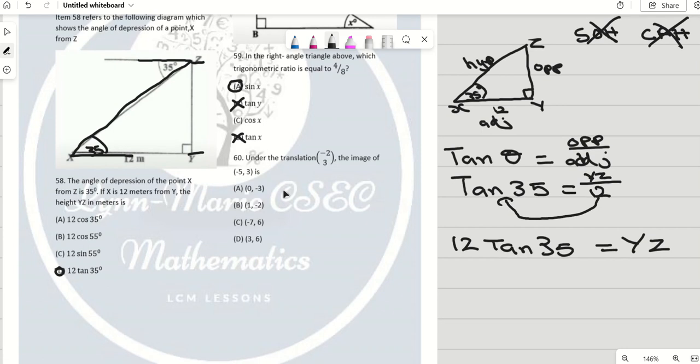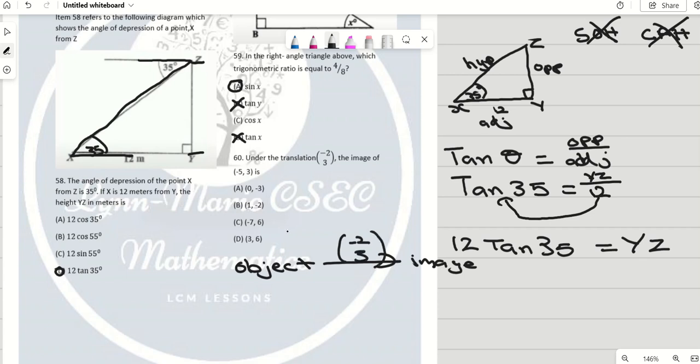Then let's look at this. Under translation of minus 2, 3, the image of minus 5, 3 is... So we always go from object to image, and the translation is this, minus 2, 3.